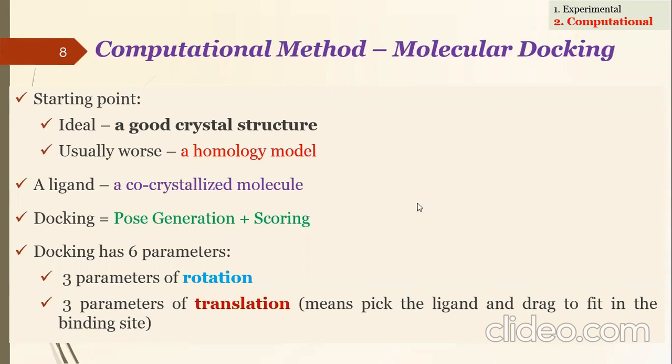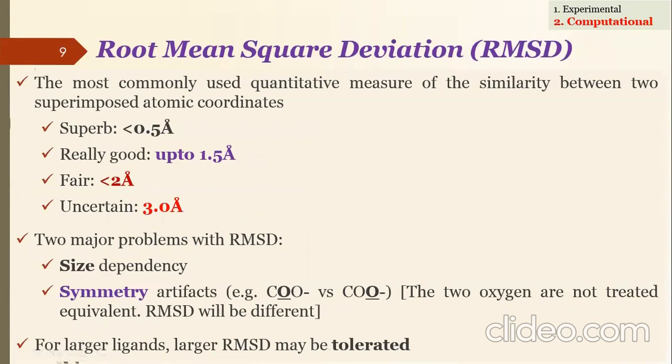So that's it. And next is the root mean square deviation. So this is important in the sense that on the root mean square deviation value, one can determine whether the structure is okay, and whether the docking is something we can rely upon.